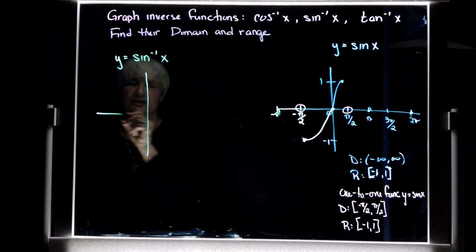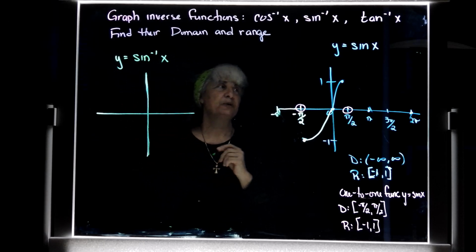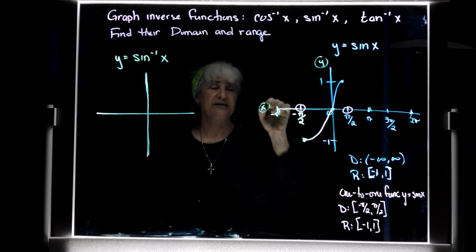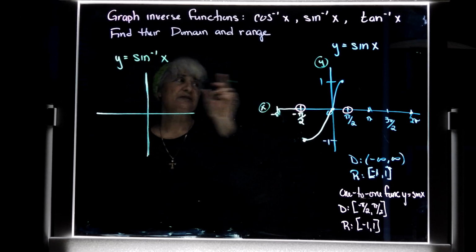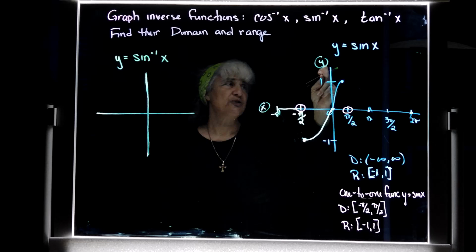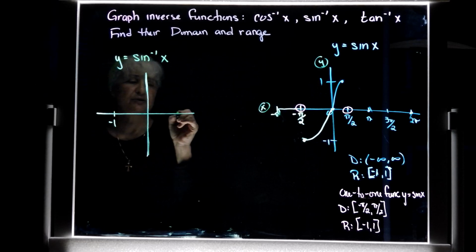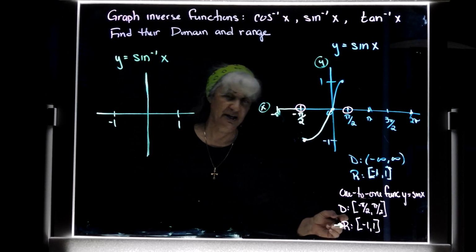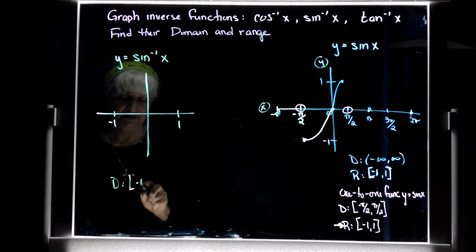Let's look at sine inverse. Now, remember, this is my x, this is my y, right, axes. On the inverse, the x's and the y's switch. So the y's go from -1 to +1, which means those are now my x's. Which means the range becomes the domain. Yep.